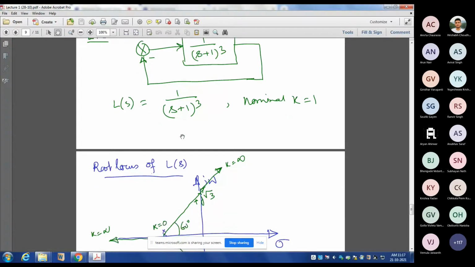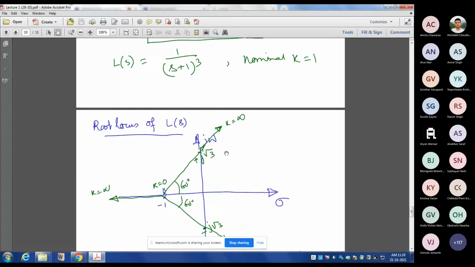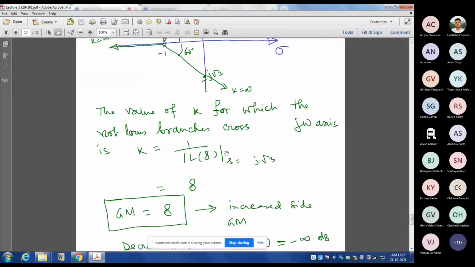When the gain k equals 8, the closed loop system response will start oscillating. If you give some reference input, or see its impulse response, whatever it is, this response will start oscillating at k equal to 8. So that's why your upper side gain margin is 8.